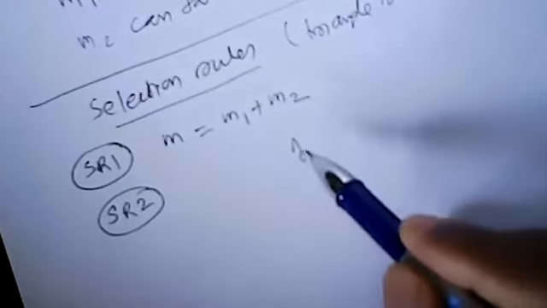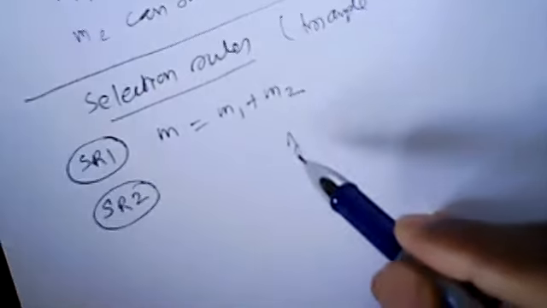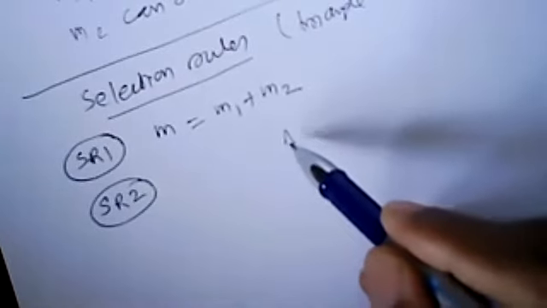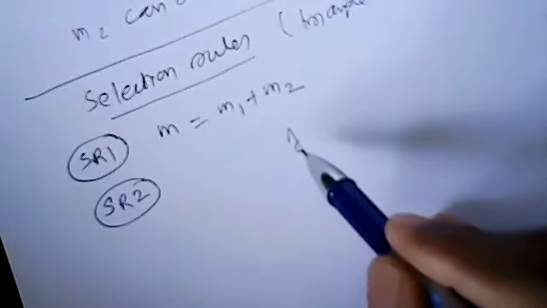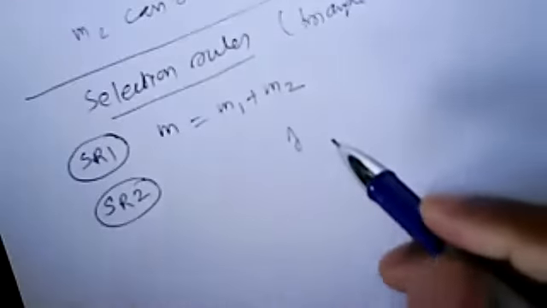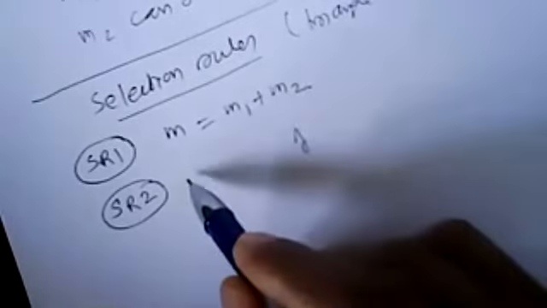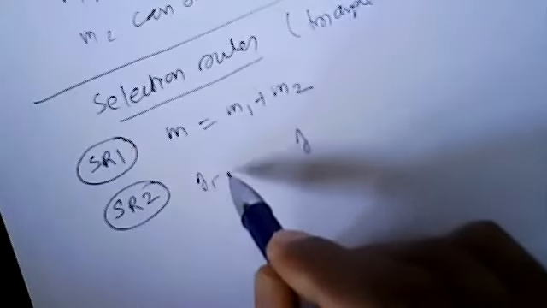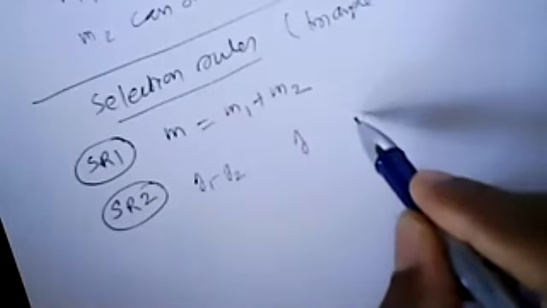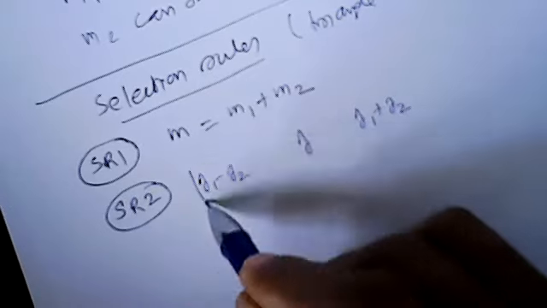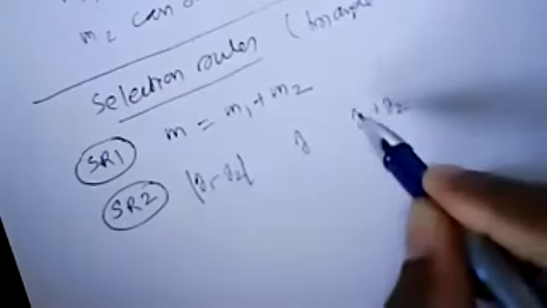Now, the eigenvalue of J, the total angular momentum, capital J, is small j. What is the value of J? J value varies between J1 minus J2 and J1 plus J2, and you can avoid the sign.